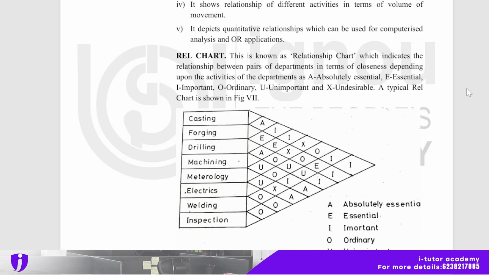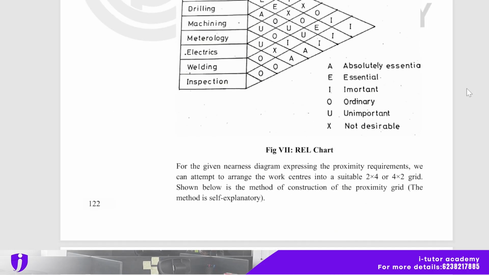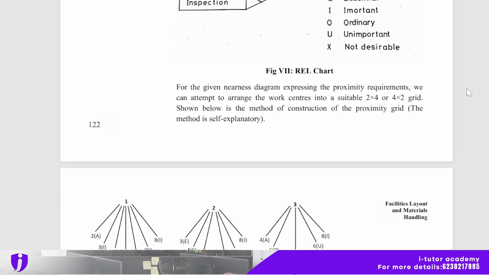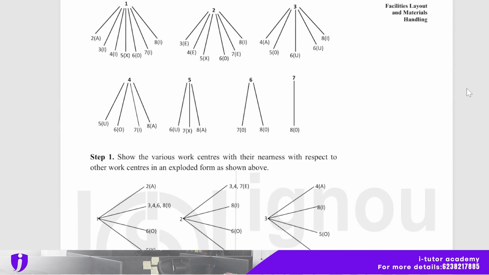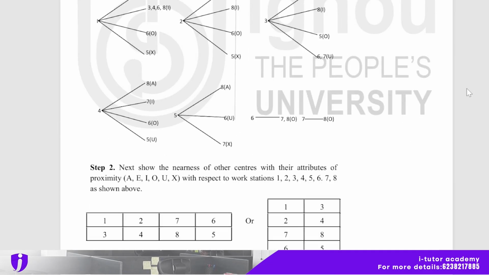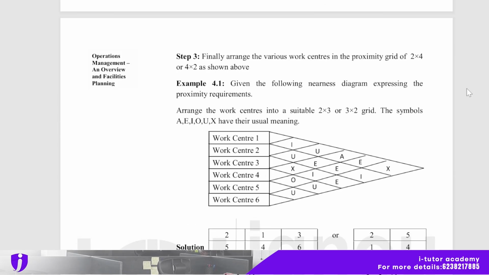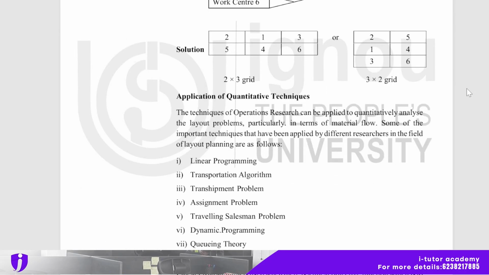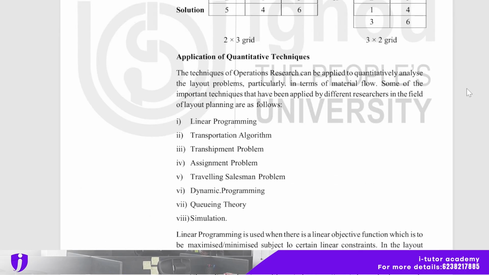A typical relationship chart is here. This is the relationship chart. A, E, I, O, U, X. Okay, so here are also step 1, step 2 and step 3, an example also here, please go through it.